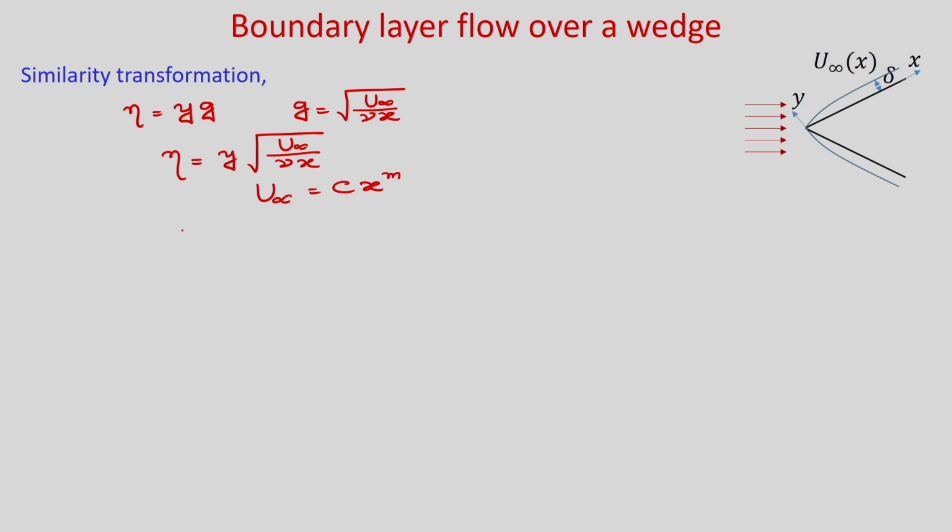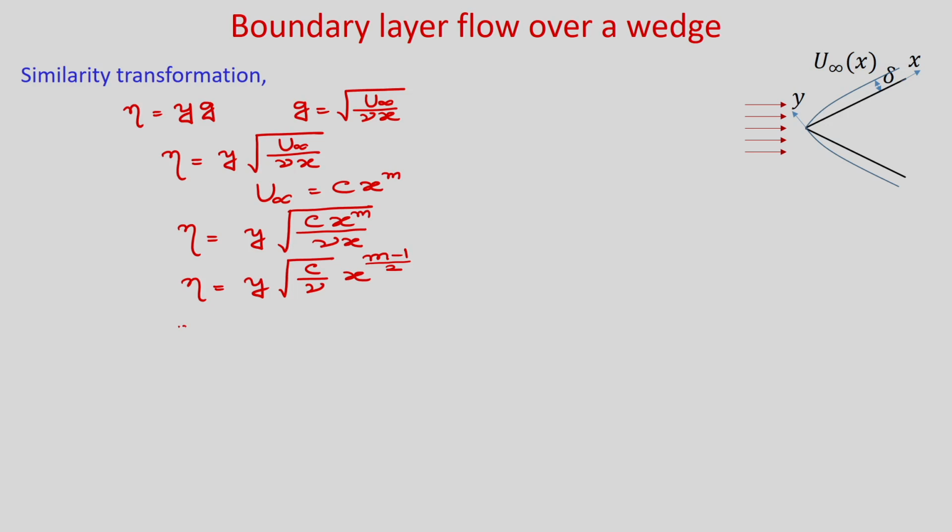So, if you put that here, you will get eta is equal to y root, and putting u infinity as c x to the power m divided by nu x, we get eta is equal to y root c by nu, where nu is the kinematic viscosity. We assume it is constant, c is constant, and we will get x to the power m minus 1 divided by 2, because we have a root here.